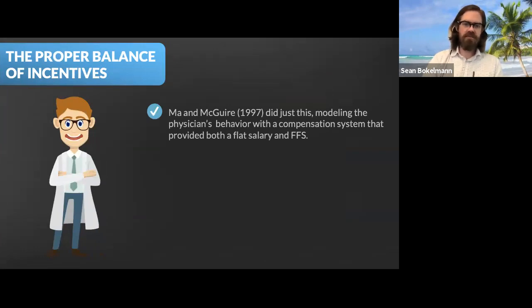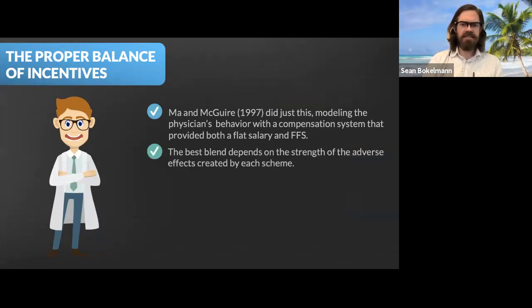Ma and McGuire modeled this theoretically. They built a theoretical model based on this blend of payment schemes, and they found that the optimal blend will depend on the strength of the adverse effects created by each scheme.